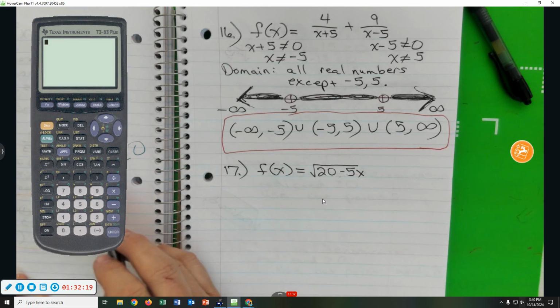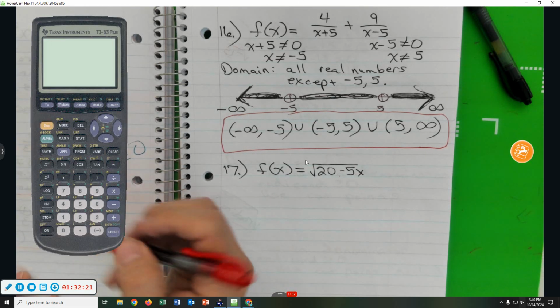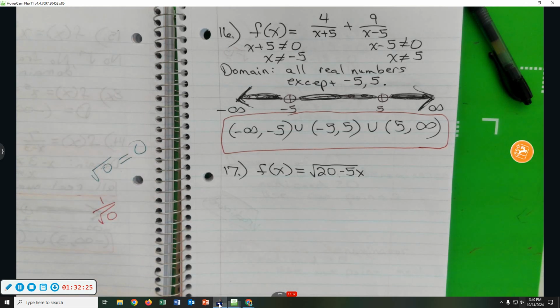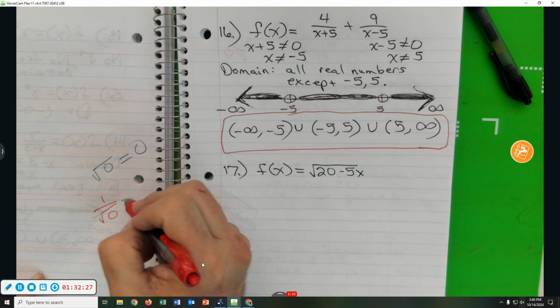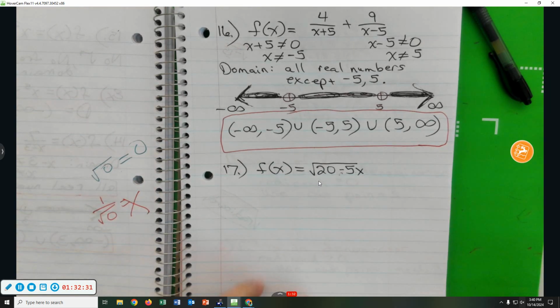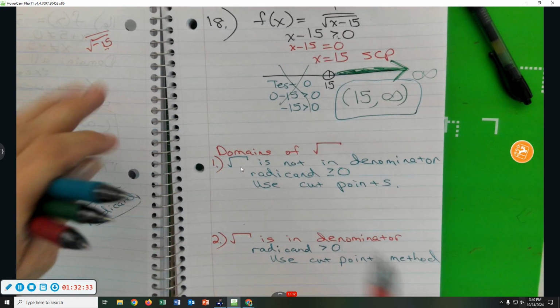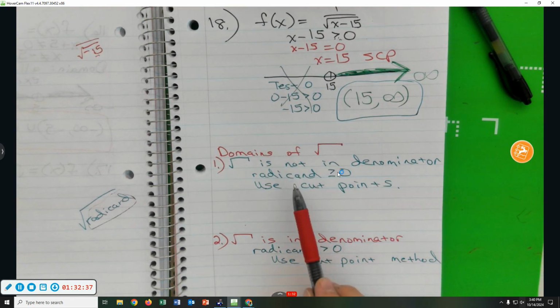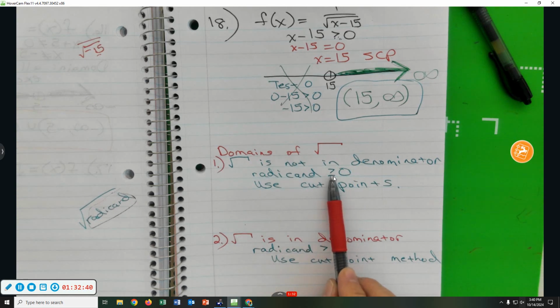The square root of 0 is 0. If it's 1 over the square root of 0, that's undefined. That's the problem right there. But it's fine to equal 0. So that's the recipe: if the square root is not in the denominator, you set the radicand greater than or equal to 0.